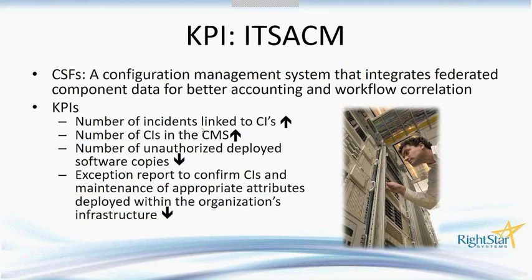We want to be sure that we have good reporting around configuration management. We want to see incidents linked to CIs to make sure that we're really leveraging the information that we have to maximize not just the asset and configuration management process itself, but the supporting processes as well.